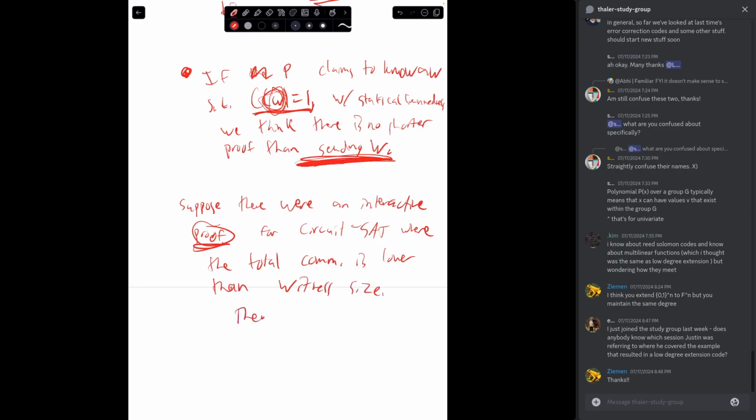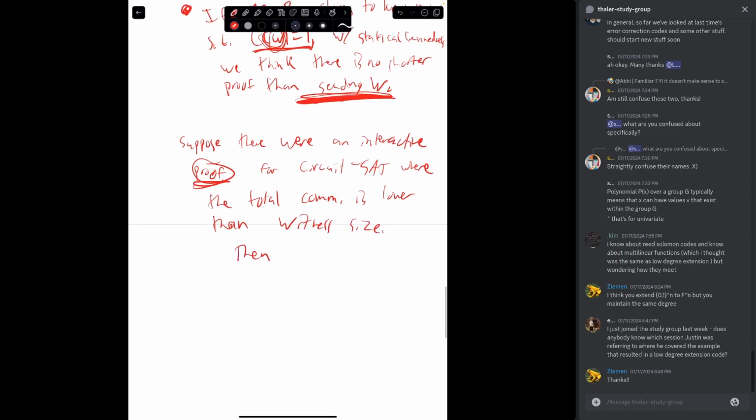Then you can conclude something like P equals NP.